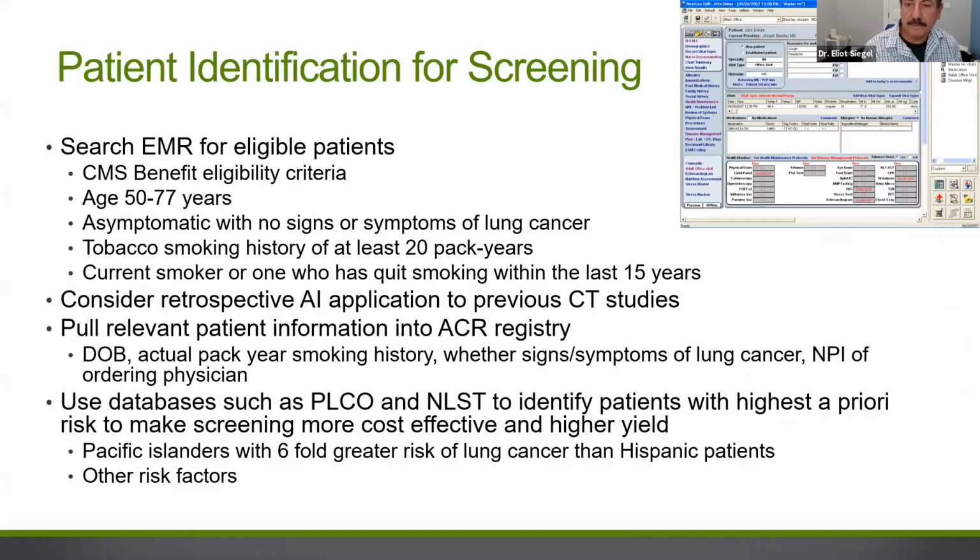Next slide, please. So one piece of software that would be super helpful for vendors to provide would actually be software that would allow us to search through our electronic medical record for eligible patients, patients that meet the eligibility criteria for CMS, but also patients who are at higher risk in general.